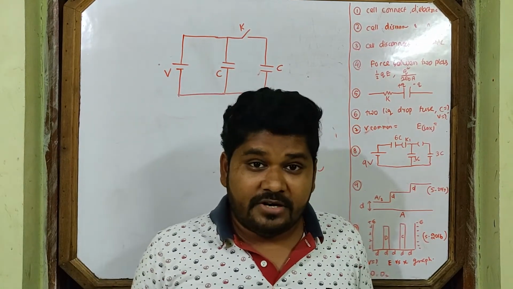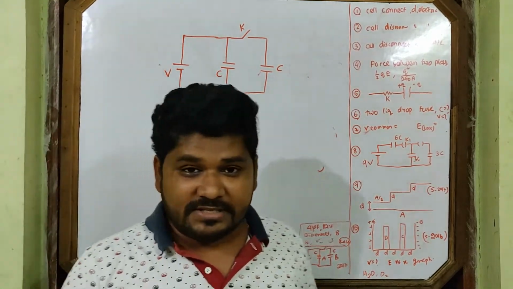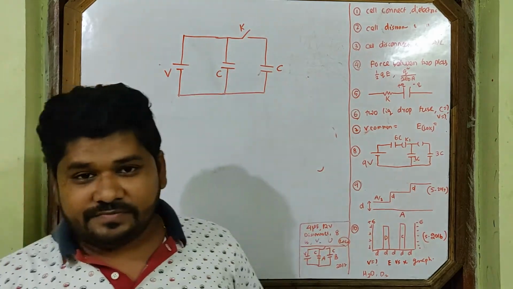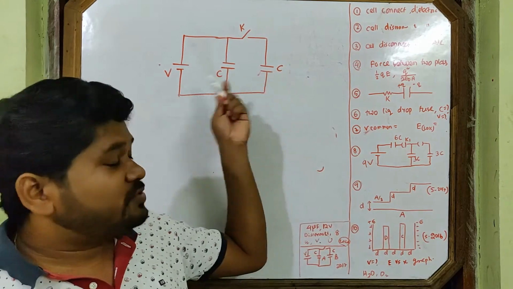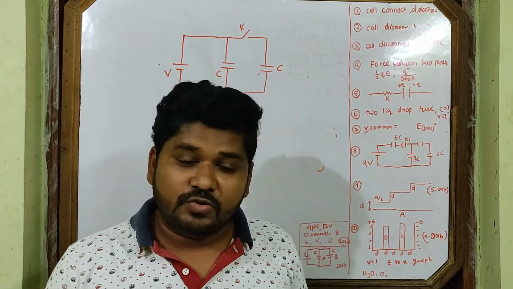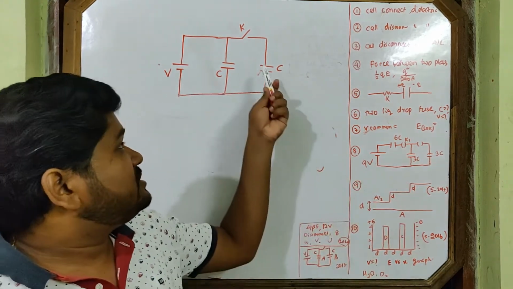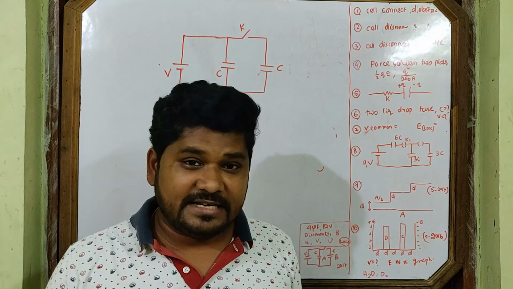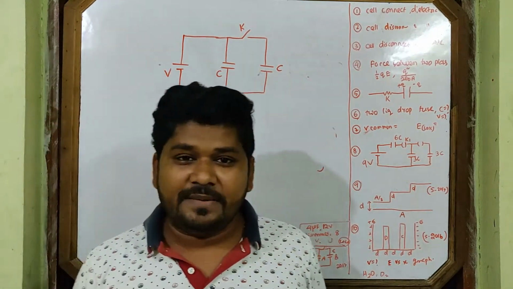This is one important question also. Now you see, what is the question? First, this key is closed. Key is closed. Now some energy is stored in the two capacitors. Then the cell is disconnected, and a dielectric is inserted between the two plates of the capacitors.